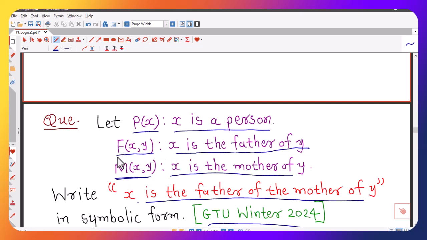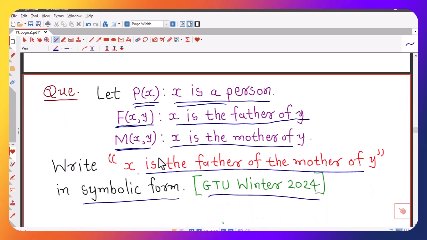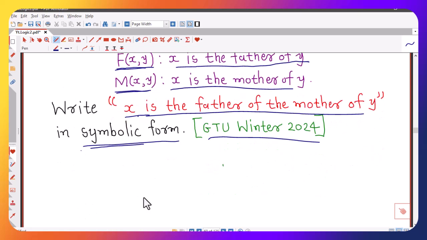Similarly, here F(x,y) denotes that x is the father of y, and P(x) denotes that x is a person, and using this we have to write that x is the father of the mother of y in symbolic form. So first we write down the given statement which we have to write in symbolic form.